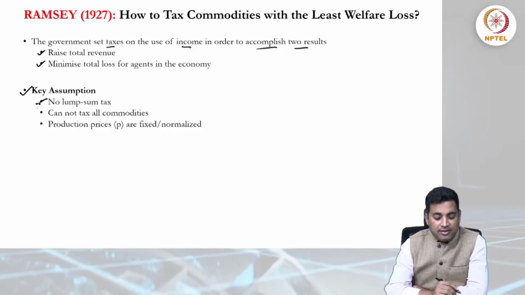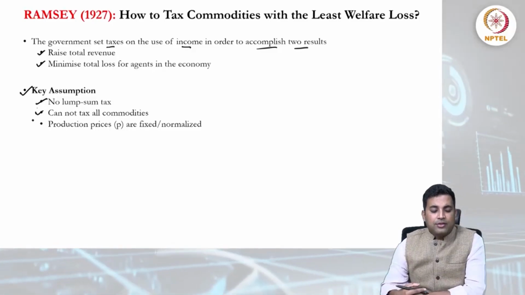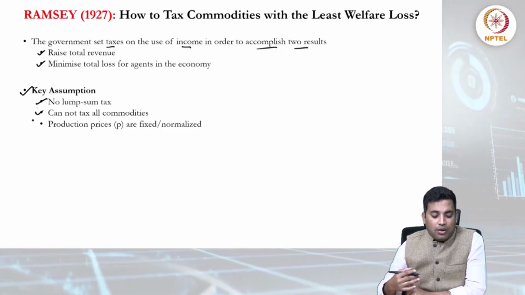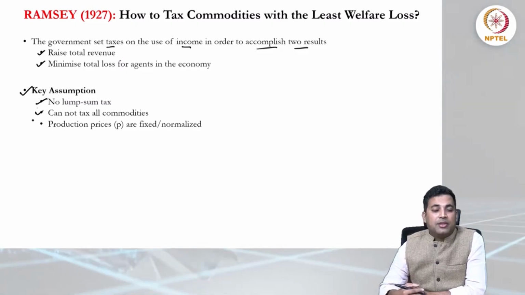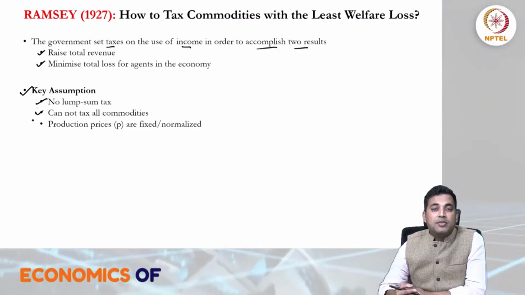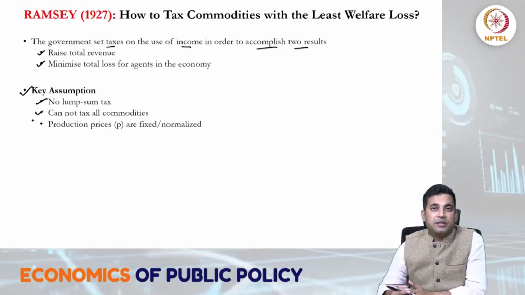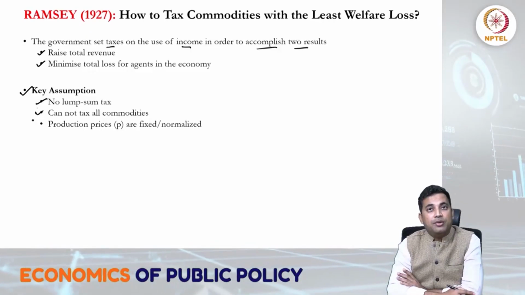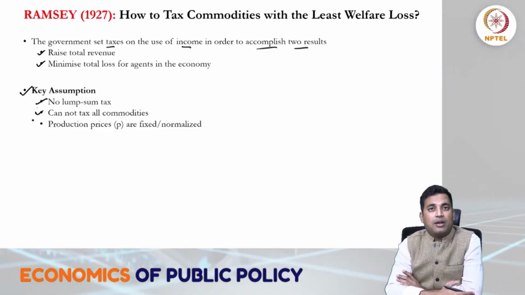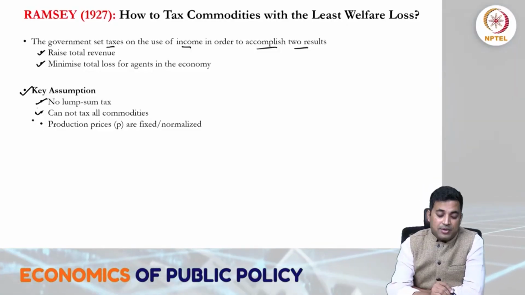Therefore, no lump sum tax. We also cannot tax all commodities; certain commodities should be exempted, but at the same time we should not impose heavy taxes on very specific commodities. These are the assumptions for Ramsey taxes.